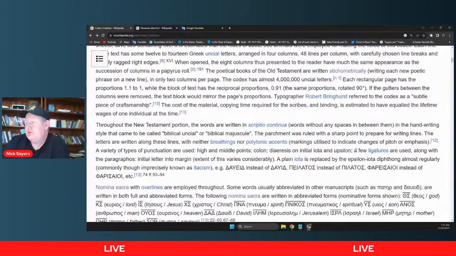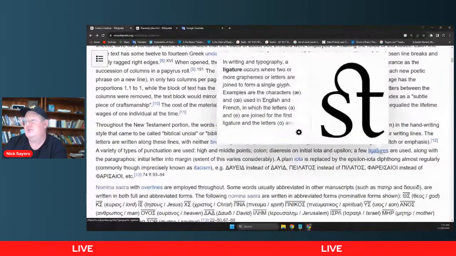A few ligatures are used along with the paragraphos. So what is a ligature? A ligature is when you have a scribble, but it actually is a word, or it's two or three letters together. So like this, that looks like the stigma, I'm pretty sure, or in writing typography, so like we might see encyclopedia, and it has the A and the E squished together.